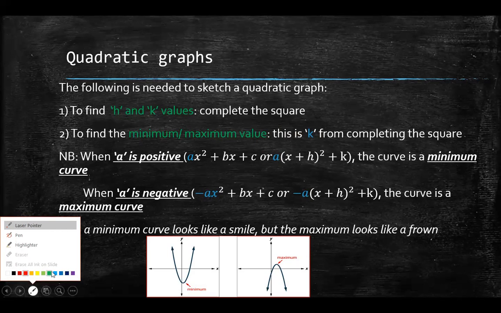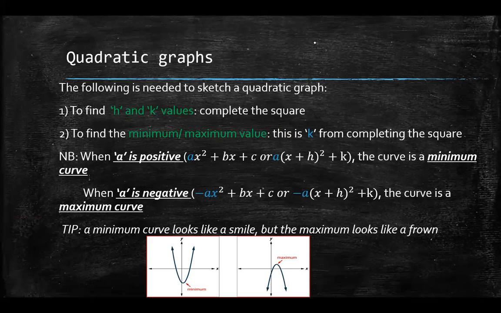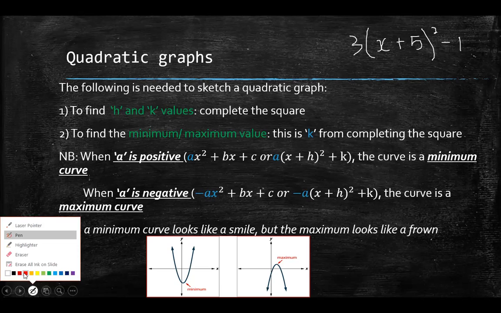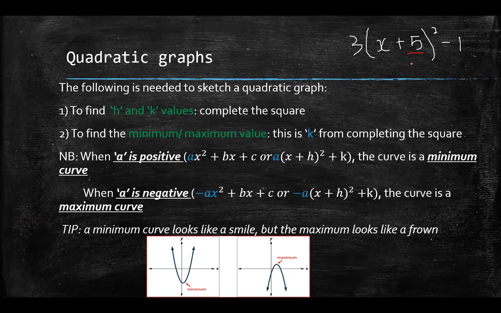So say when I completed the square, my answer was 3(x plus 5) squared minus 1. Five in this case would be h, and minus 1 would be my k.